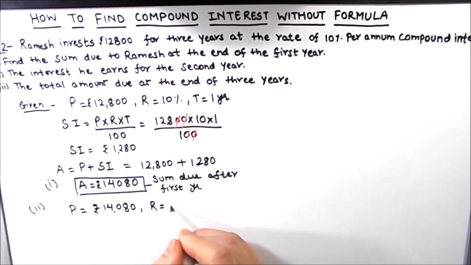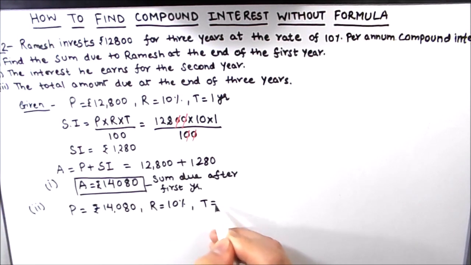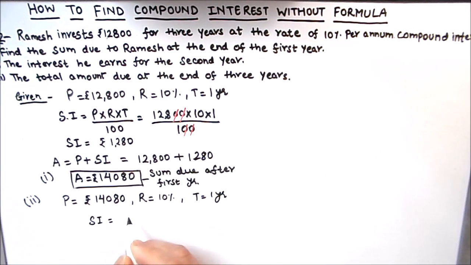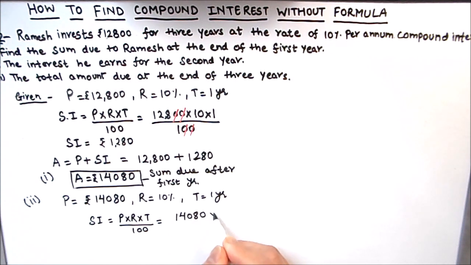Rate of interest will be same as 10% per annum, and time period will be 1 year for the second year. Simple interest is equal to P times R times T divided by 100. So our P is 14,080. Rate of interest is 10%. Time is 1 year divided by 100.